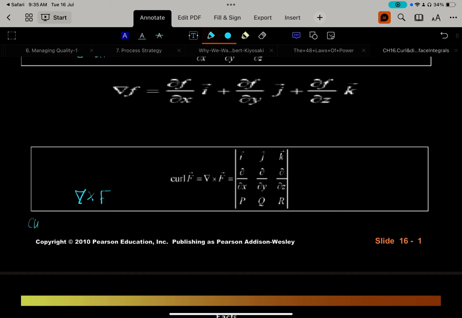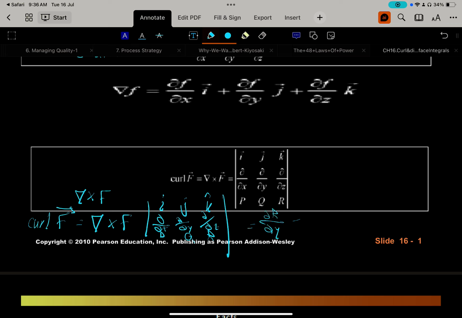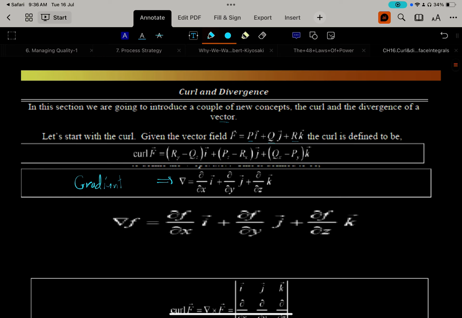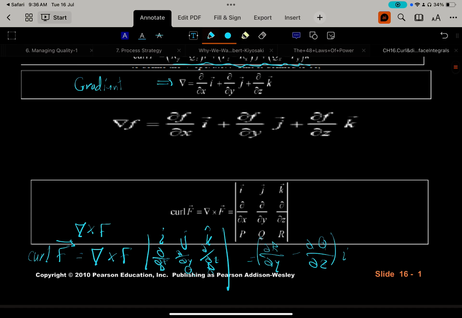The curl of F is just the gradient cross F, and that's the determinant with rows i, j, k, then partial derivative in x, partial derivative in y, partial derivative in z, then P, Q, R. And then we have R_y minus Q_z in the i direction, and that's what we have here. So the curl of F is just the gradient crossed with F.